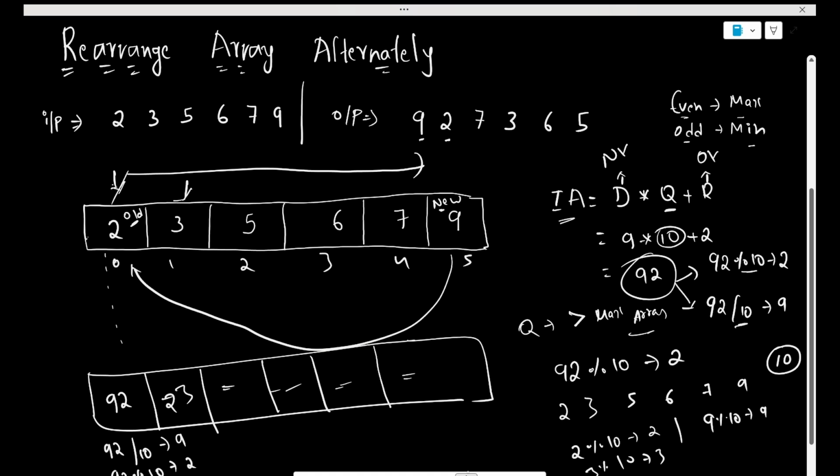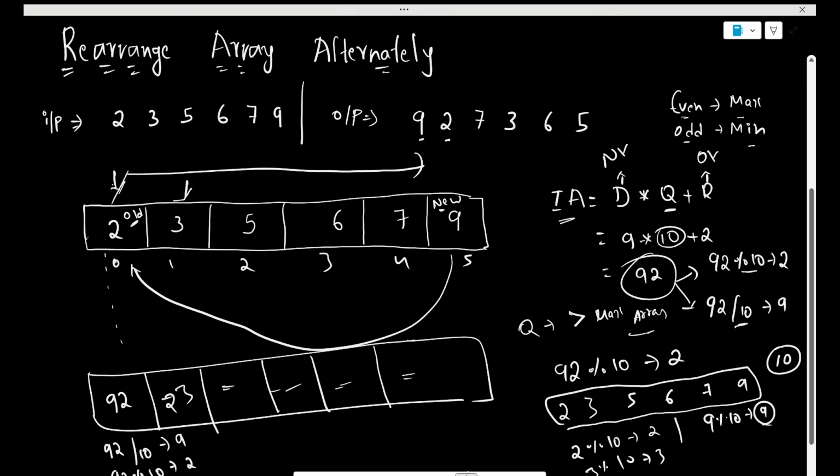So for doing modulo, if we take less than any max, then what will happen? We will not get the original answer. So for that only we take the max of the entire array. So what's the max? 9. So take max plus 1, so 10. By taking quotient as 10, we will get the original old values when we do modulo with the intermediate answer.